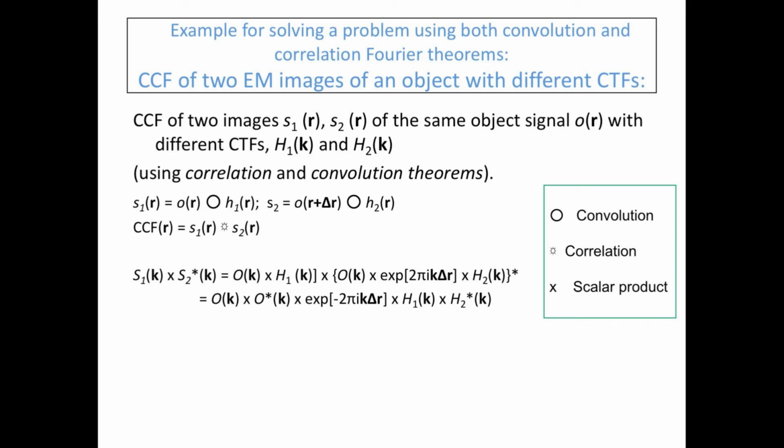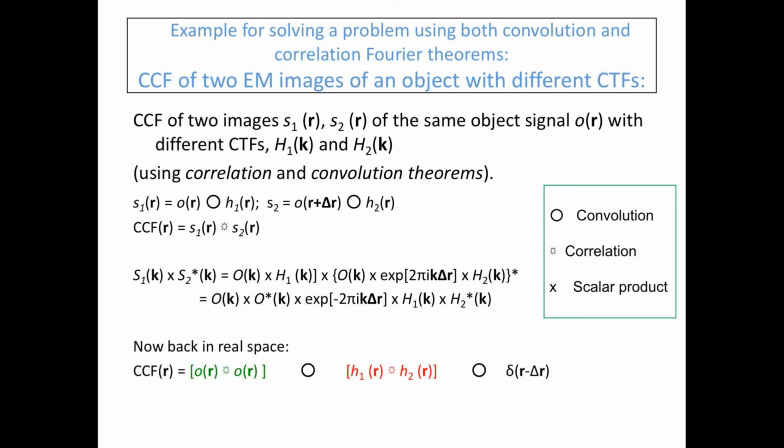It's O of k times O conjugate of k, which is now the Fourier transform of the autocorrelation function of the object. And that has now the shift term, and then H1 of k times H2 conjugate. Now this is a real space function, so the conjugate doesn't matter. It's simply now the CTFs, or a product of the two CTFs.